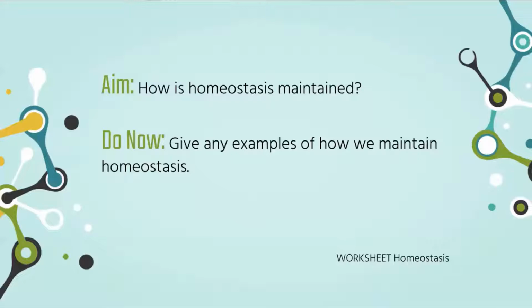Body temperature control in humans is the most familiar example of homeostasis. Normal body temperature hovers around 37 degrees Celsius, but a number of factors can affect this value, including exposure to the elements, hormones, metabolic rate, and disease.